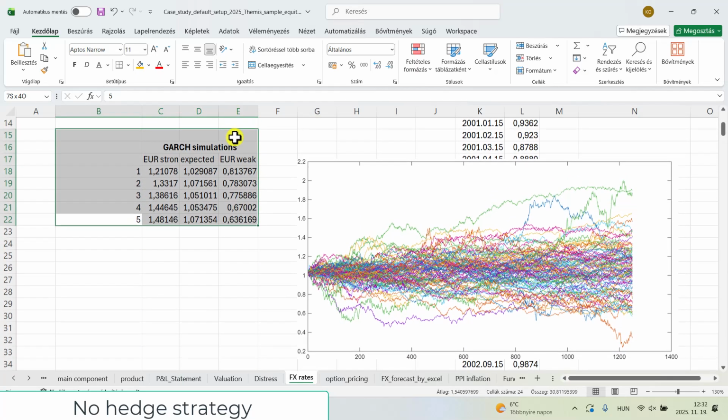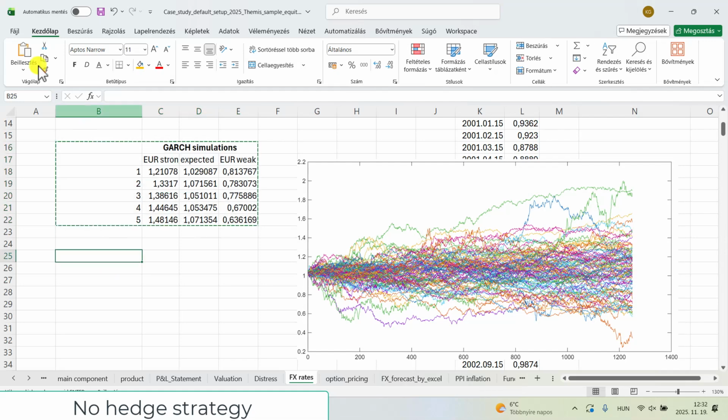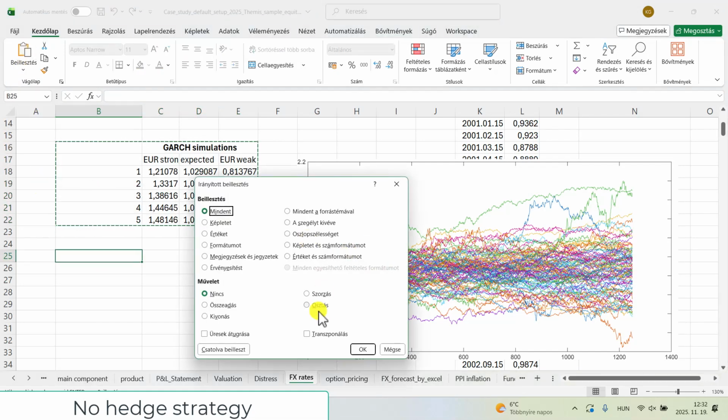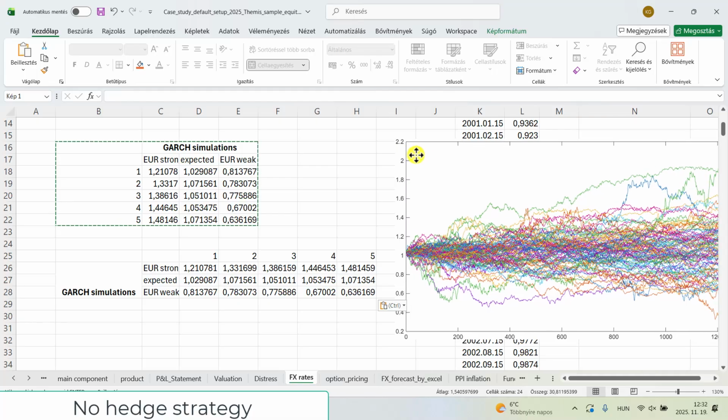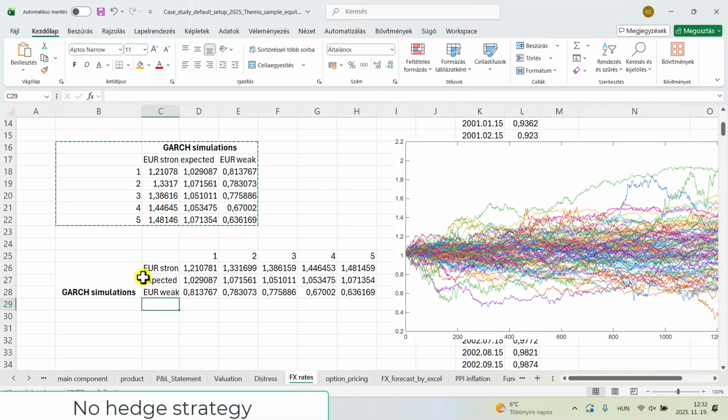So we can say that, okay, let's pick the large simulations, let's transpose them, and in this case we can say that, okay, let's use the expected rate.